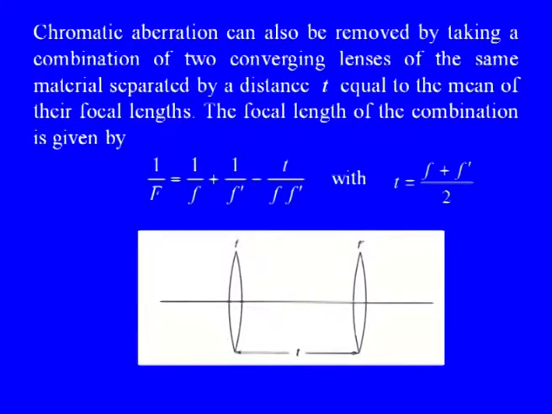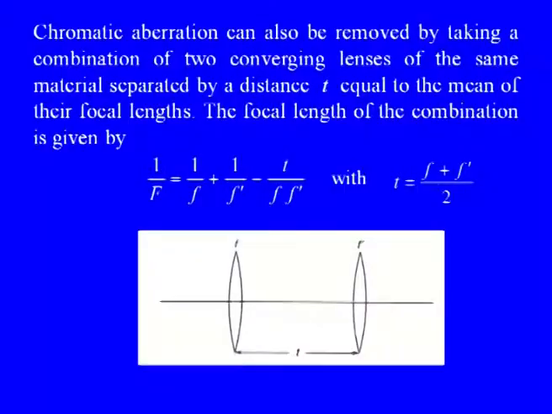The chromatic aberration can also be removed by taking a combination of two converging lenses of the same material separated by a distance t equal to the mean of their focal lengths. The focal length of the combination is given by, we have obtained this relation earlier, 1 upon F equals 1 upon f plus 1 upon f prime minus t upon f f prime, and the thickness is kept as the mean value, (f plus f prime) by 2.